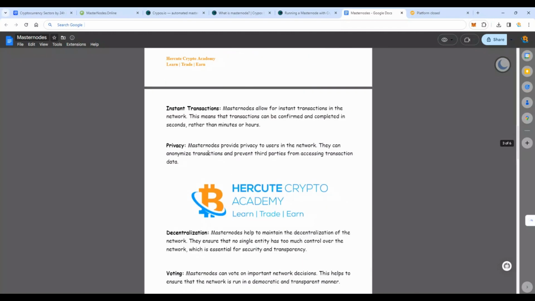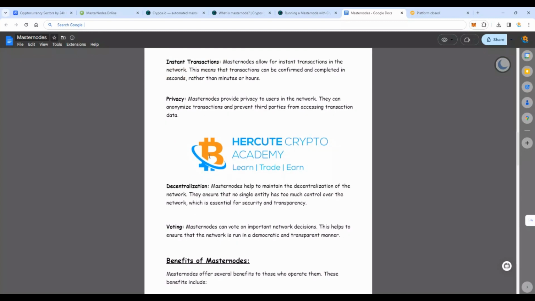But so long as we have many other nodes interconnected globally, this brings about decentralization. They ensure that no single entity has too much control over the network, which is essential for security and also for transparency.